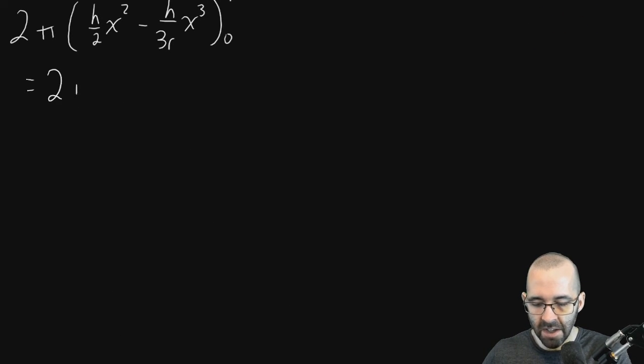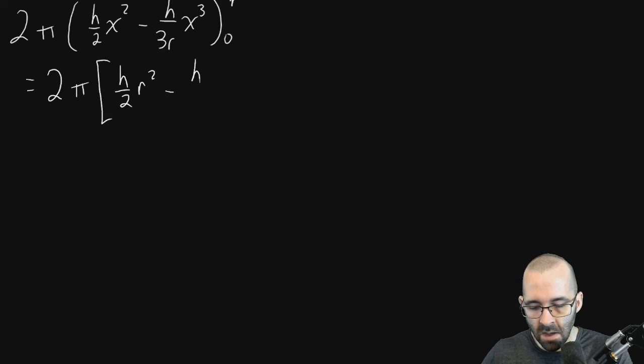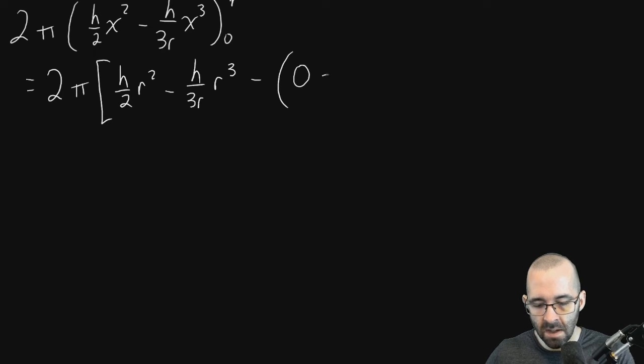Now we very carefully evaluate and don't make silly Jason mistakes. You plug in r, you're going to get h over 2 r squared minus h over 3r times r cubed. Plug in 0, get 0 minus 0. I'm nervous.